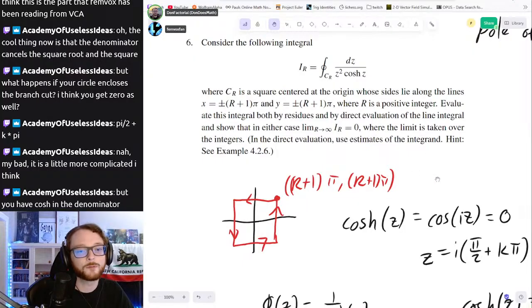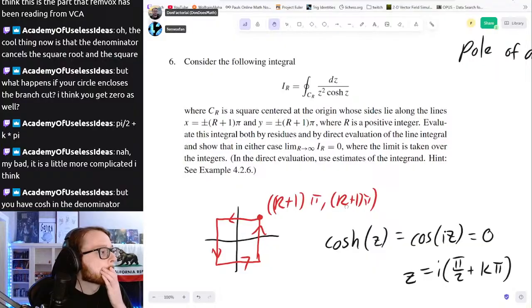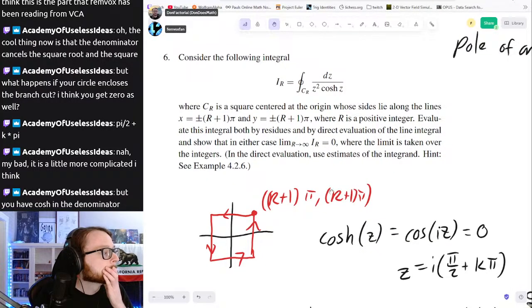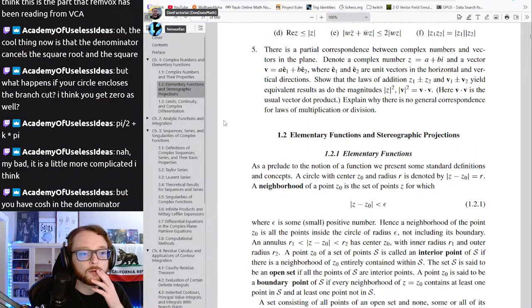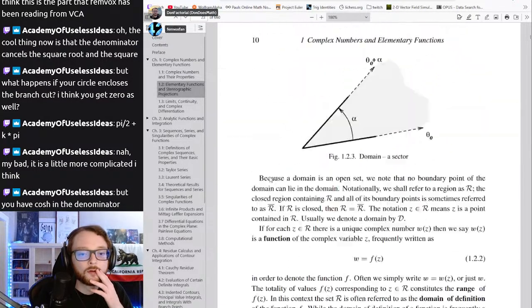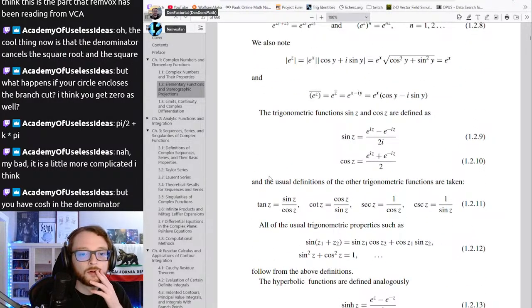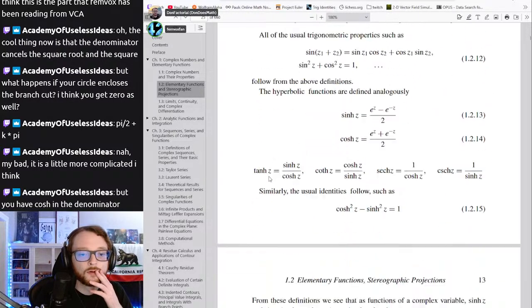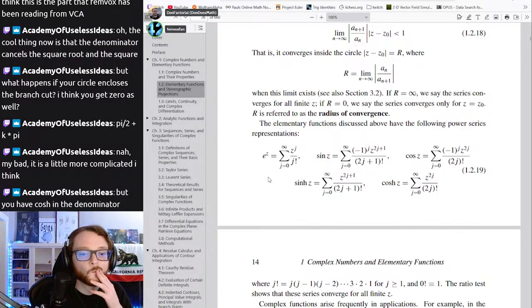Well, obviously it flips, but do they just give us that series? Does this help? Oh, and then we multiply by z squared, but then we don't really want to multiply by z squared, do we?